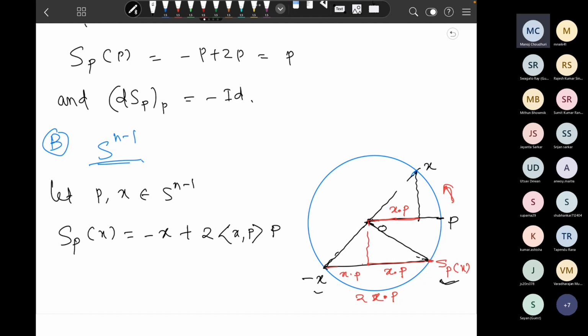I'm just confused why you are multiplying by P. It is not multiplication: this distance is X dot P, and then you take the vector P, because I am moving in the direction of P. I am at minus X and I am traveling 2 times X dot P in that direction, and so I am getting this. Yeah, it is fully clear now. Thank you.